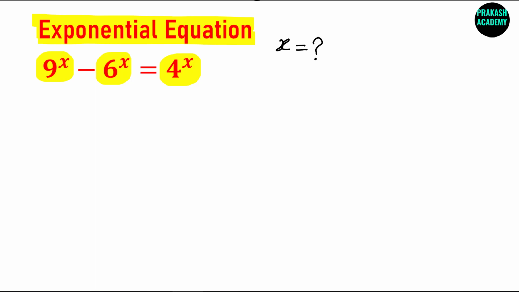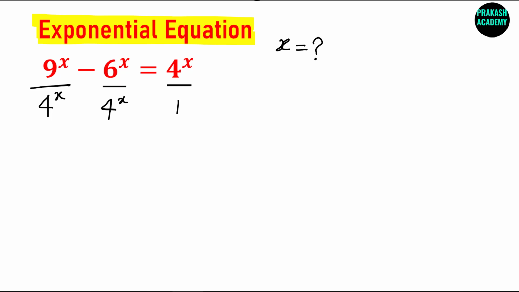Now how will we solve this problem? What we can do is divide throughout this equation by the right side. On the right hand side we have 4 raised to the power x. So let us divide throughout by 4 raised to the power x.